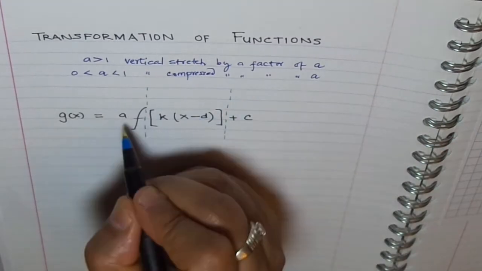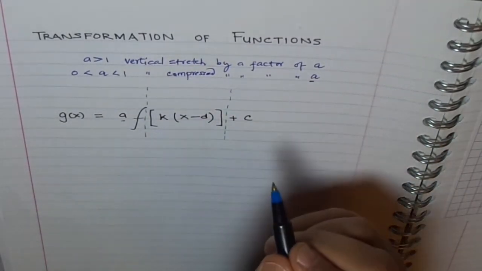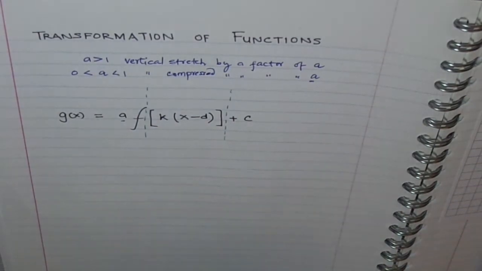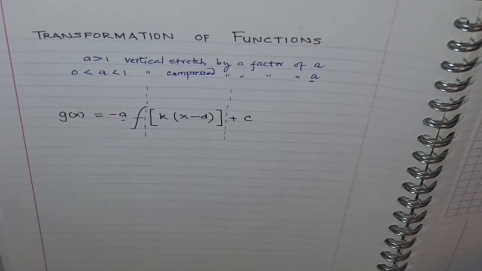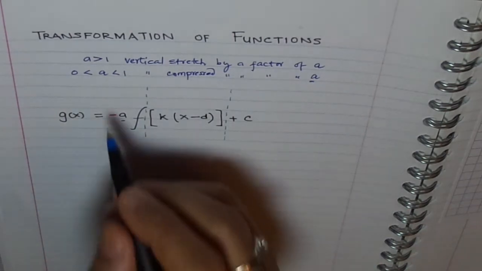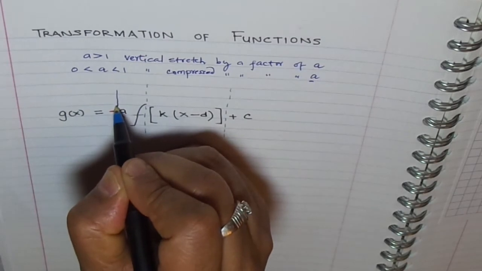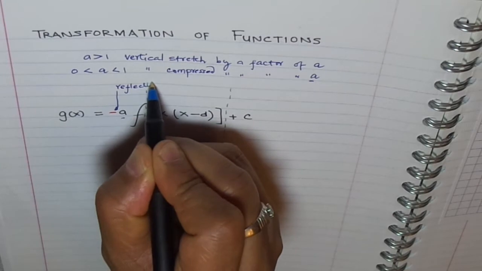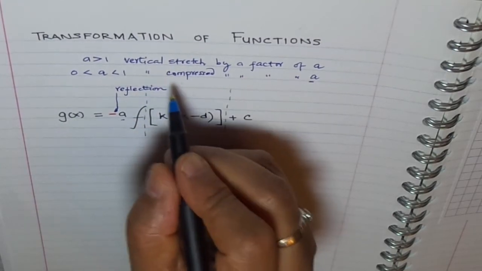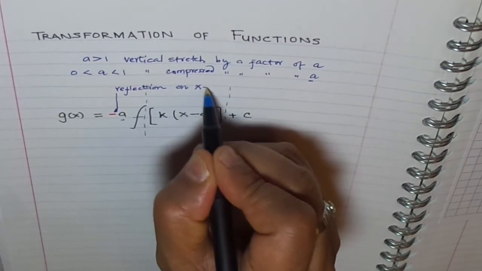Now sometimes you may have a negative sign here. This corresponds to a reflection, a vertical reflection on the x-axis.